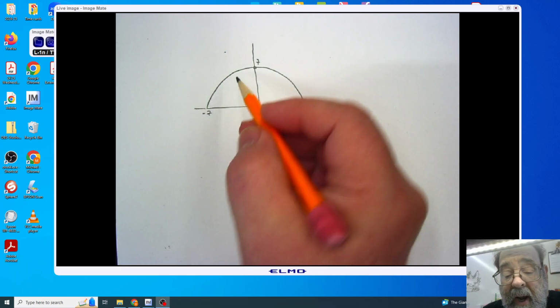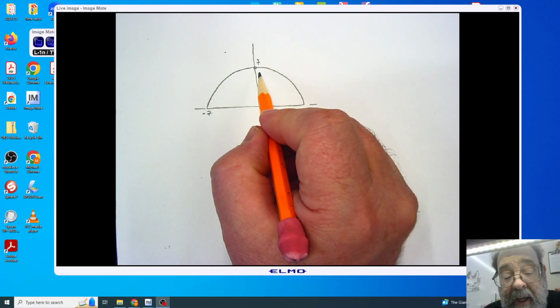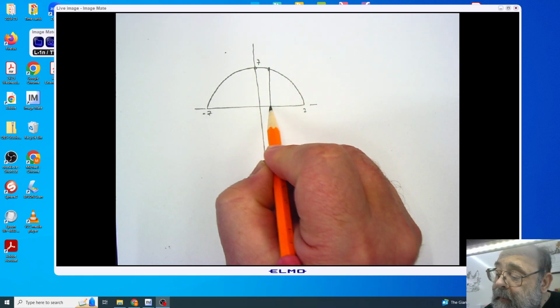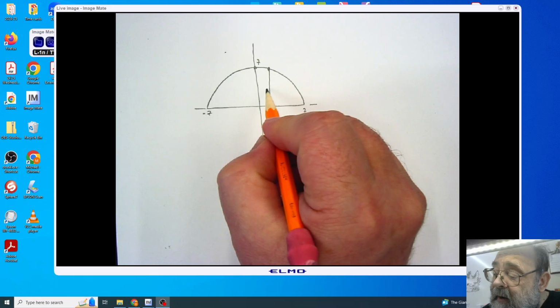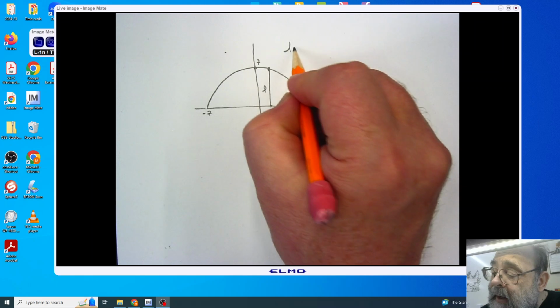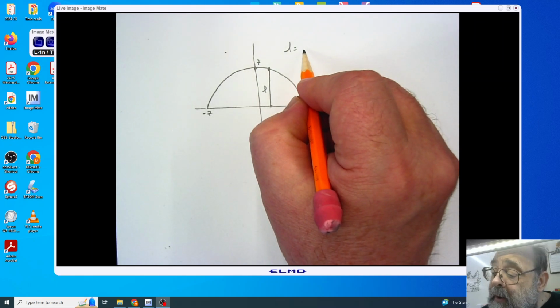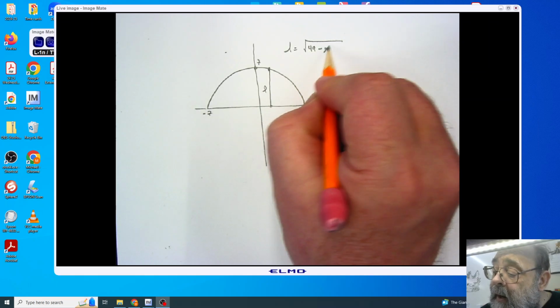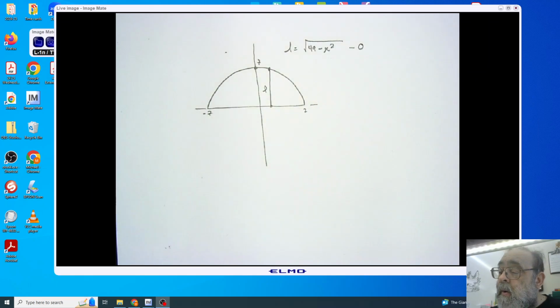And we want to have perpendicular to the x-axis are rectangles. And the side of this rectangle, let's call it the length. And the length is going to be the upper equation, which is the square root of 49 minus x squared minus the lower.